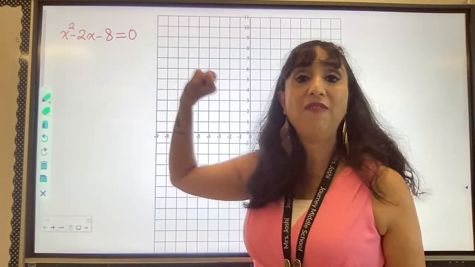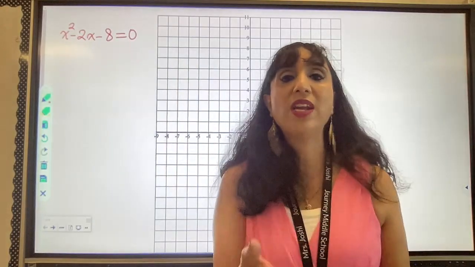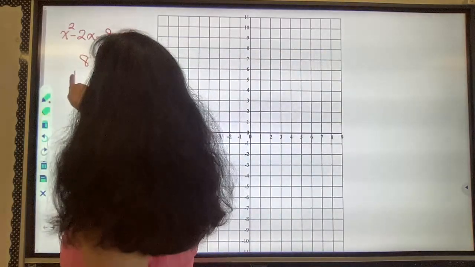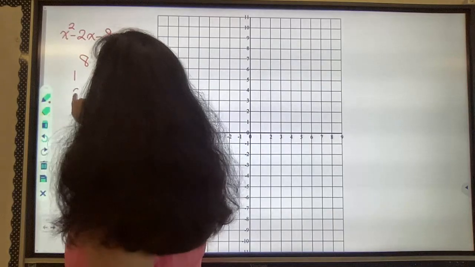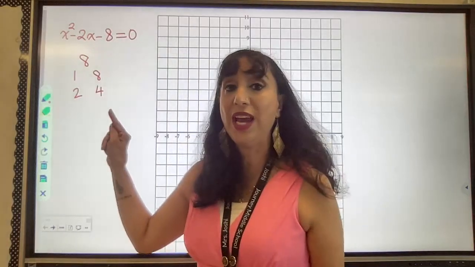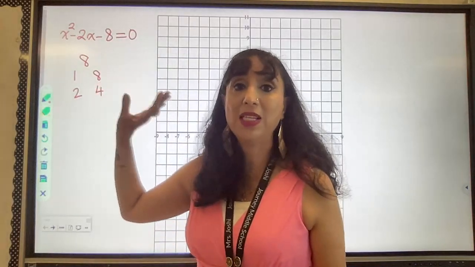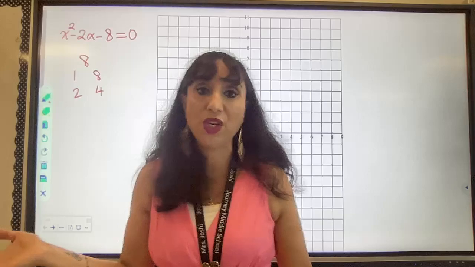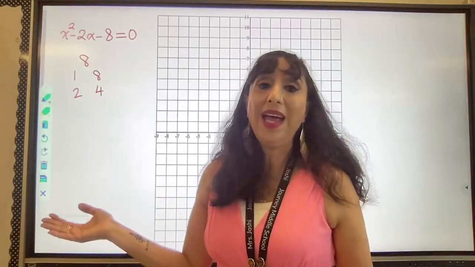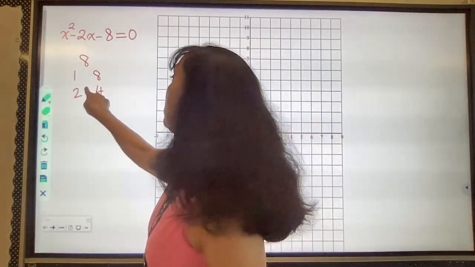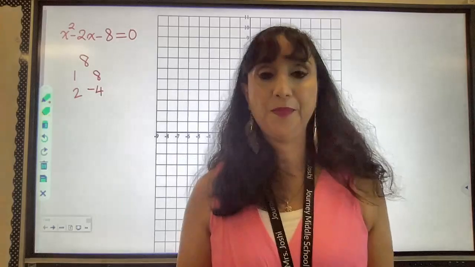Okay, so since I have -8, first let me look at the factors of 8. It can be 1 times 8. It can be 2 times 4. Now, for me to get -8, that means my signs are going to be opposite. And we've learned about this in our module 10. Okay, and then for me to get -2x, this has got to be 2 and -4.